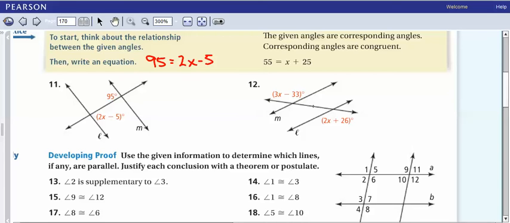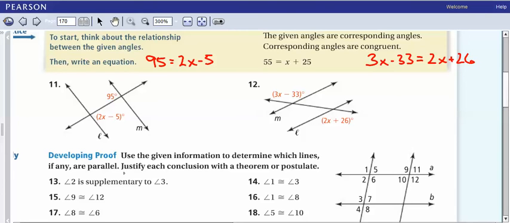What do you know about these two? They're alternate exterior. So 3x minus 33 has to be equal to 2x plus 26 for L to be parallel to M. Solve for x. Okay? And when x is that value, then those two lines are parallel.